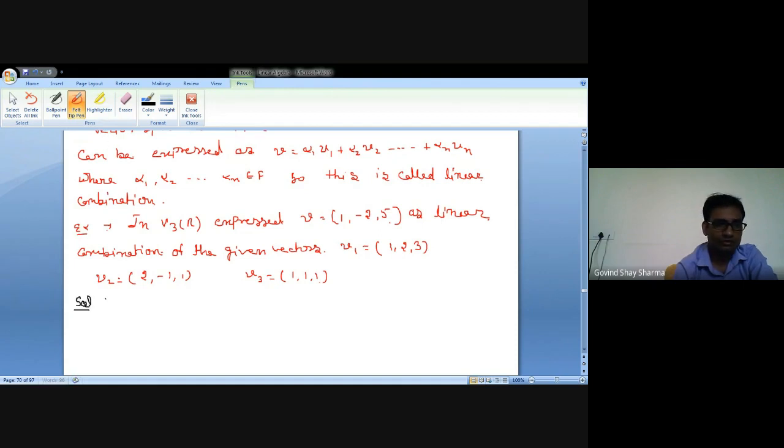Solution. Let v equal to alpha 1 v1 plus alpha 2 v2 plus alpha 3 v3. This is the linear combination.